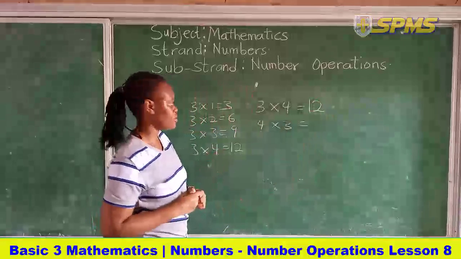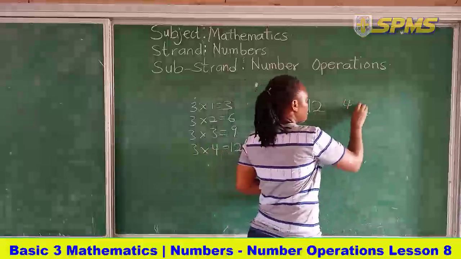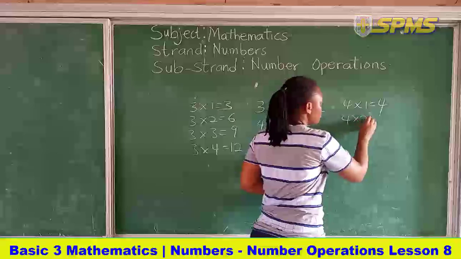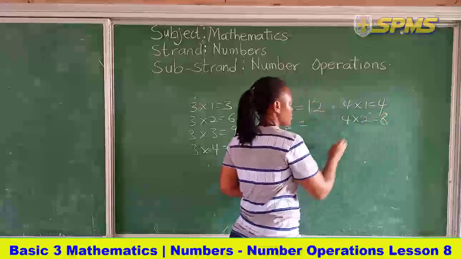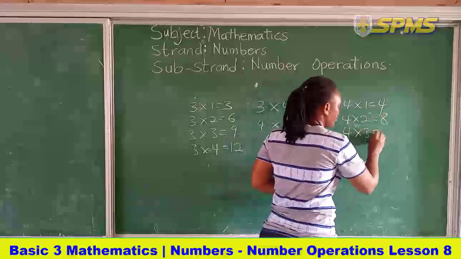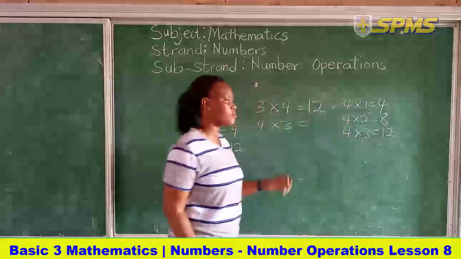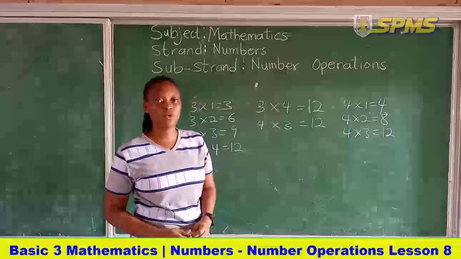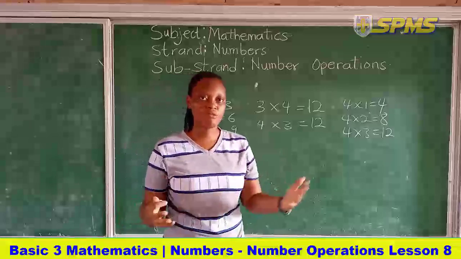Now let us look at the 4 times table. 4 times 1, we have 4. 4 times 2, 8. 4 times 3, 12. So 4 times 3 gives us 12. So we have the same results.